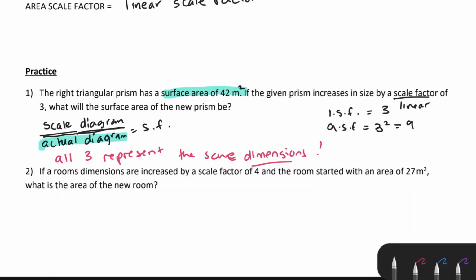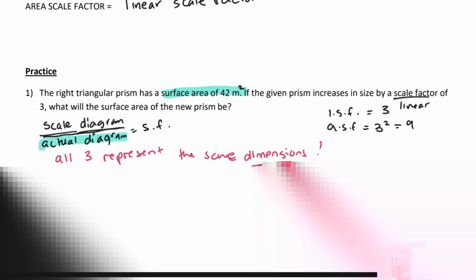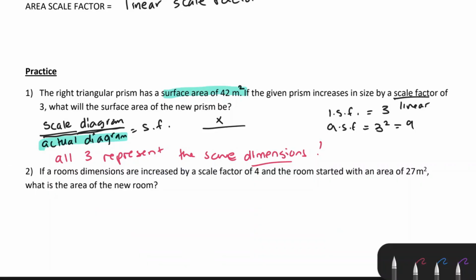So when I go to plug in values into my formula, x is my new scale surface area, and my original was 42.